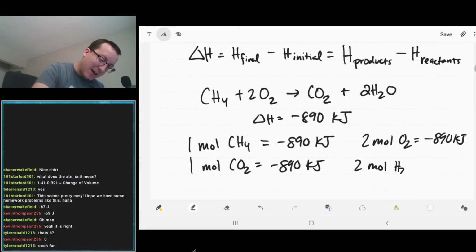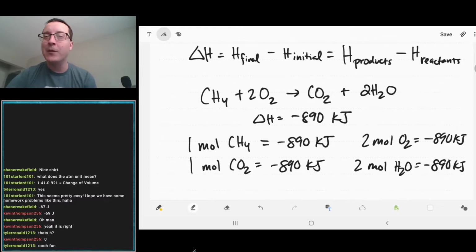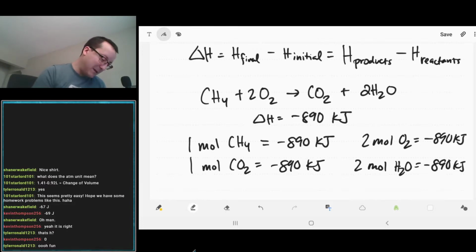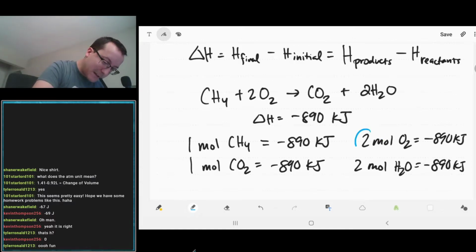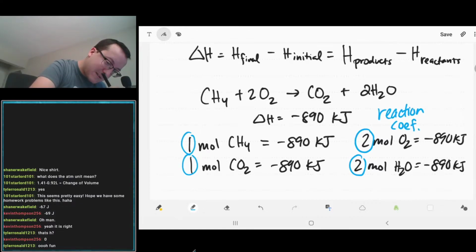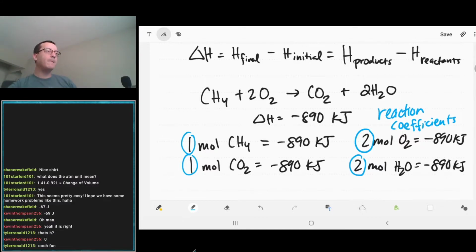Feel like I'm writing exactly the same thing over and over. It's because I am. The delta H for your reaction, whatever it may be, can be used as a conversion factor. Notice these are all our reaction coefficients, and they're all equal to our delta H for the reaction.